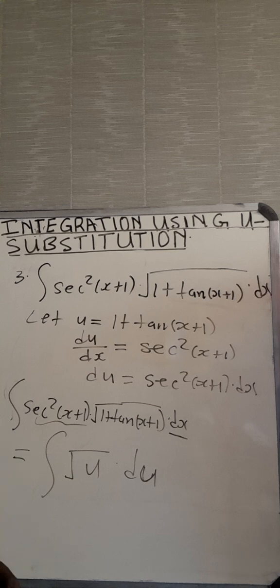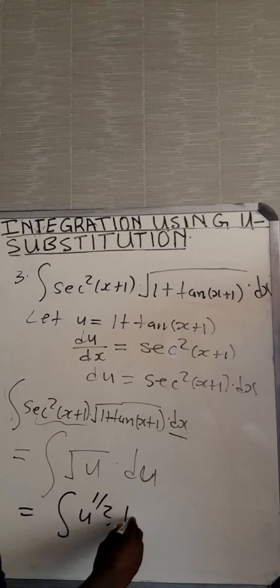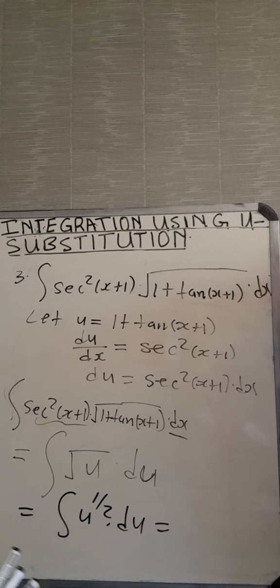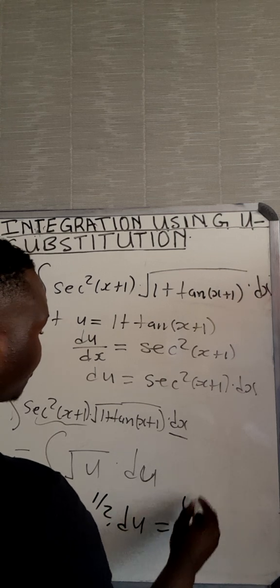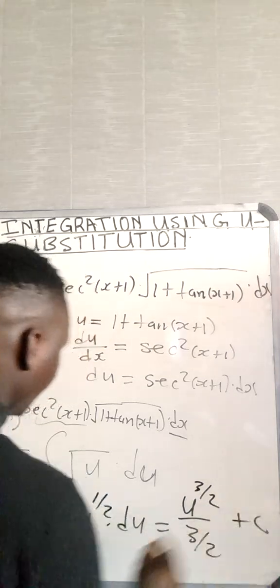So then this will be equal to the integral of u to the power 1 over 2 du, which is equal to, we use the normal power rule, we add 1 to the exponent divided by that exponent, which will be u to the power 3 over 2 over 3 over 2 plus a constant c.